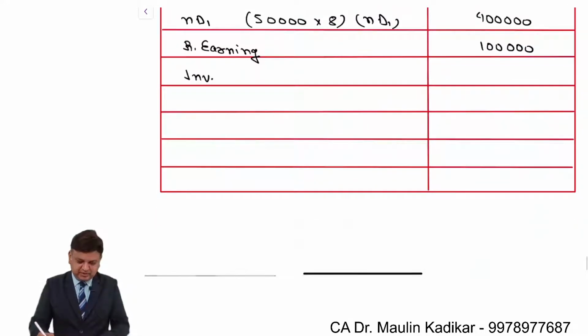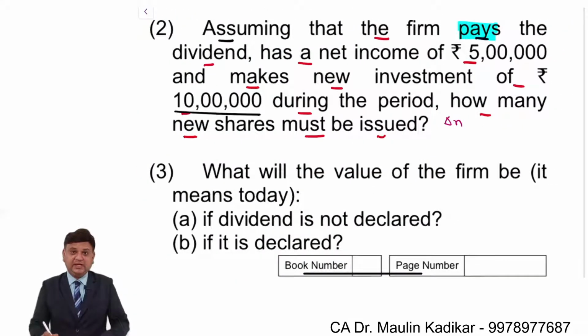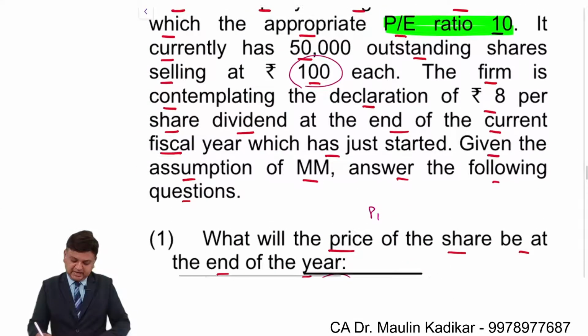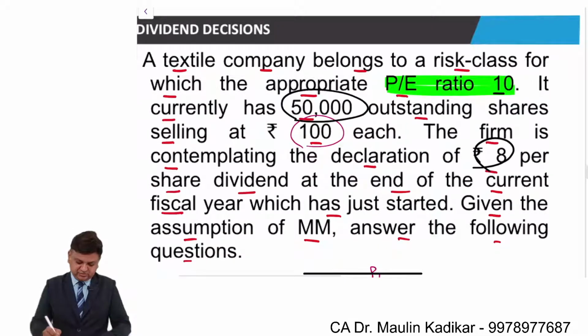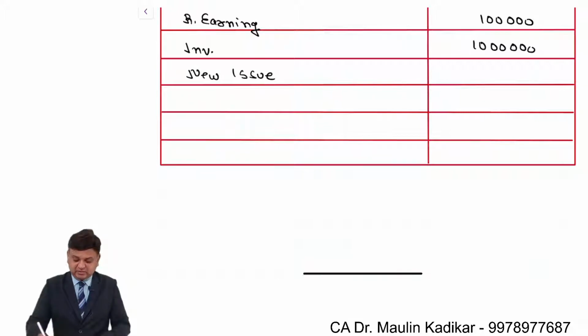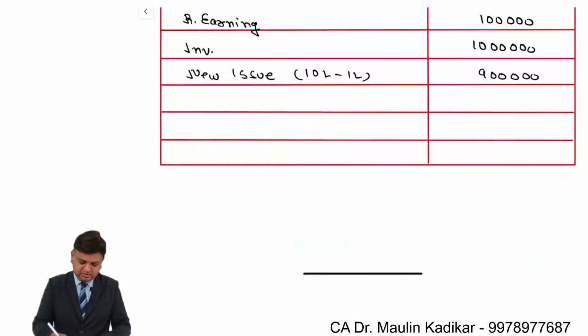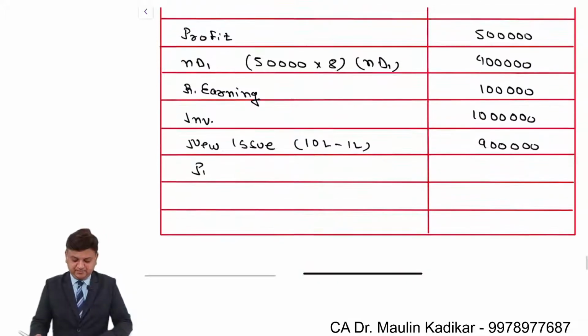Investment that we are supposed to make is 10 lakhs. You can see that the 10 lakhs is the investment and 8 rupees is the dividend per share, and number of shares are 50,000. So new issue, it is an amount of 9 lakhs. So it is 10 lakhs minus 1 lakh. P1 stands for price of equity share at the end of year 1.